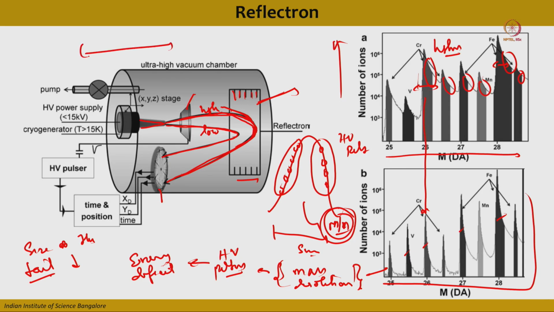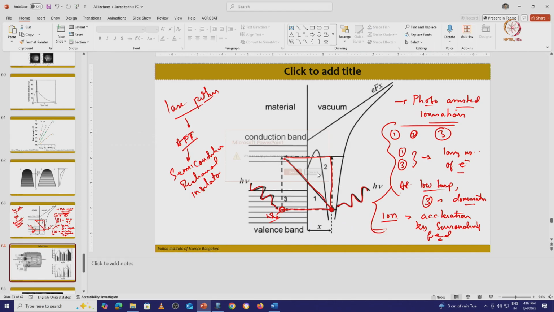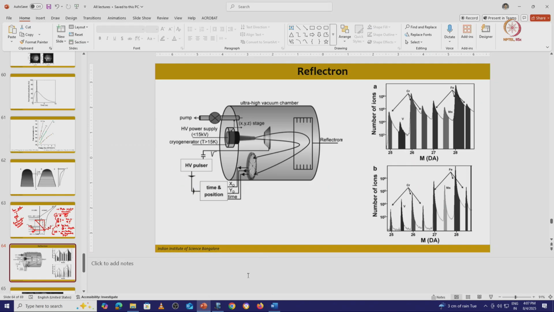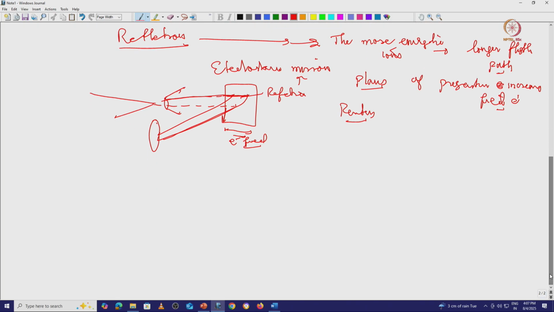Now we will briefly go through the important experimental protocols needed during field ionization and field evaporation. So we'll go through the experimental protocols for FIM and APT.